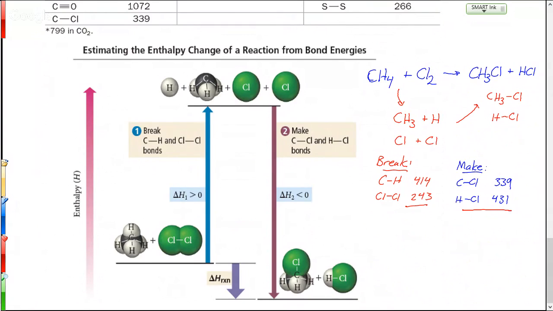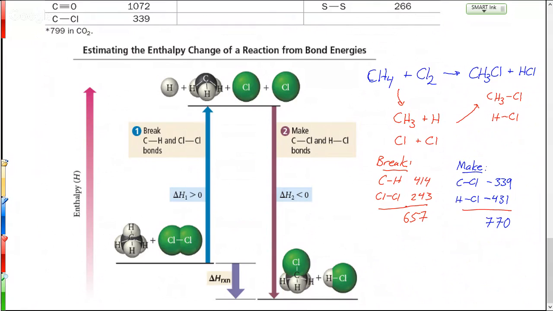Add those up. Seven and 770. And subtract. So the ones that we're breaking are going to be positive because that takes energy. You have to put in energy to break a bond. But the ones that we're making, the enthalpies should be negative because when you form a bond, you release energy.